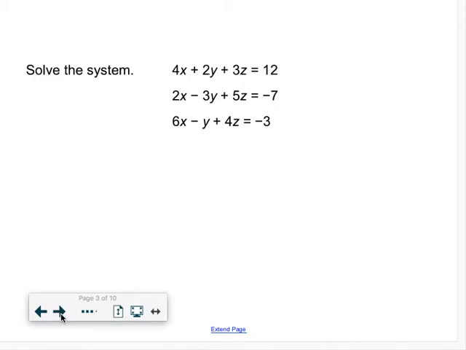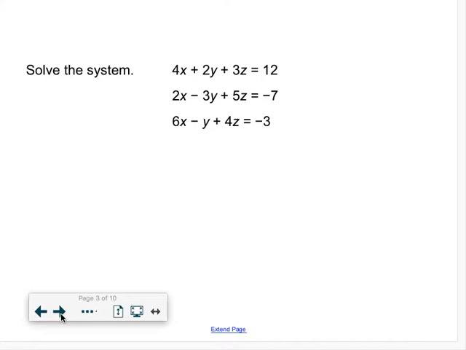Write this down in your notes. 3 variable systems. So I'll give you some time. If you like to write while I read, I'll read slowly. So if you want to write as I read them, or if you like to look up, you can do that too. The first equation is 4x plus 2y plus 3z equals 12.